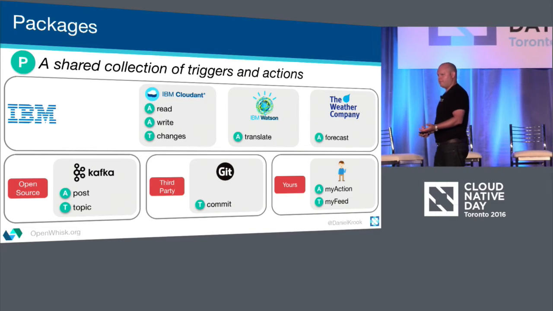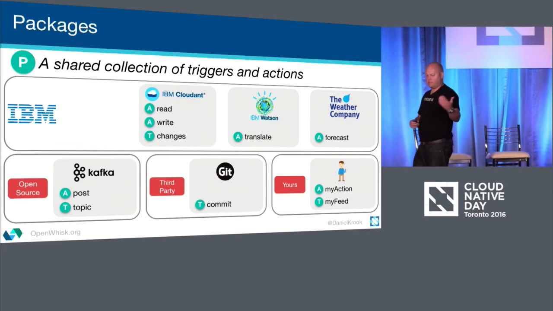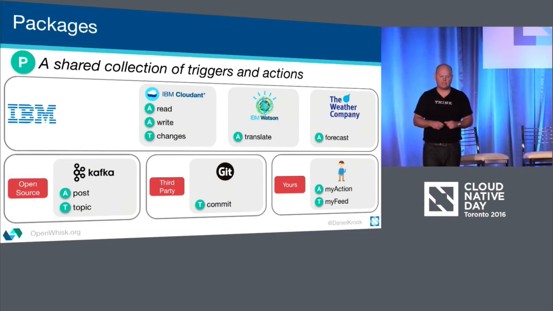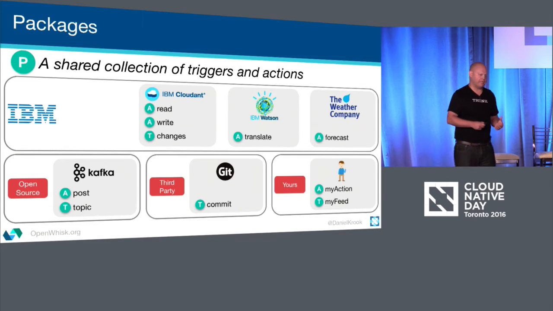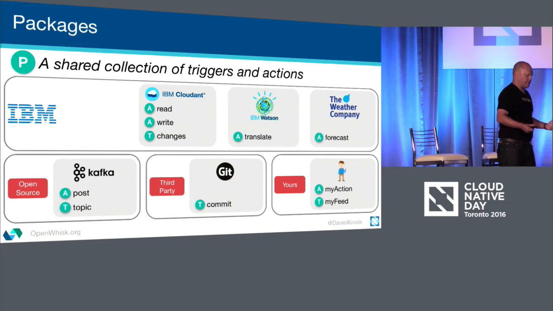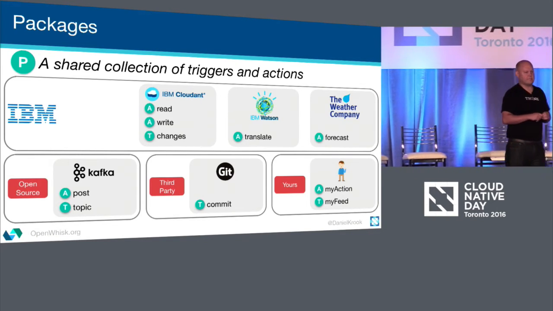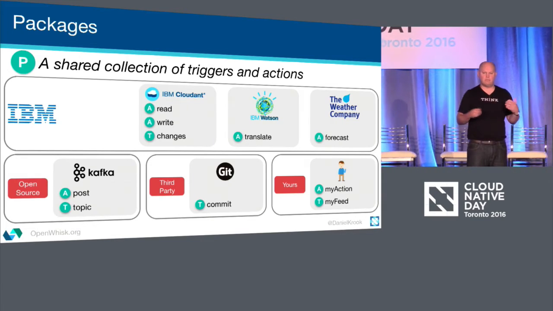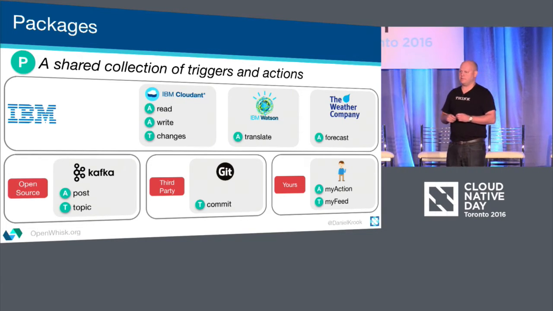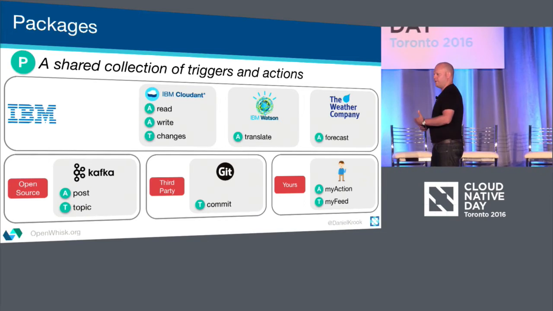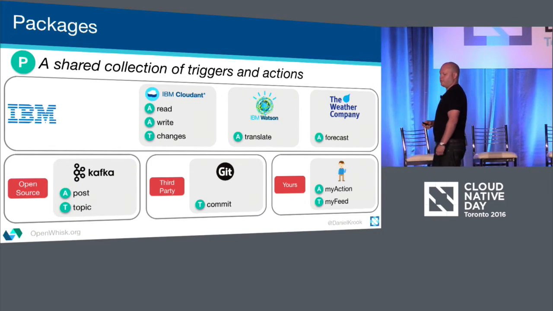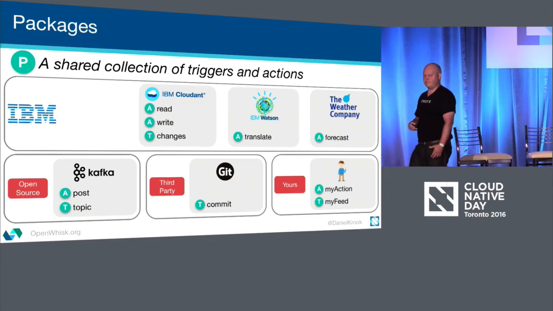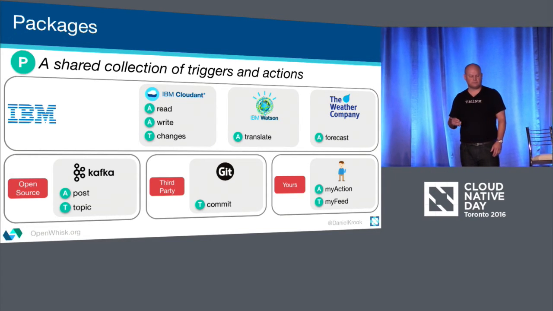There are third-party packages for connecting to, for example, Kafka, to grab messages off there. There's the Git package provided for webhooks. And then you have the ability as a developer to assemble your own package of feeds and actions and publish those to the world for people to use. So they can reuse your code either within your own organization or provide those open source yourself to develop an ecosystem around this.